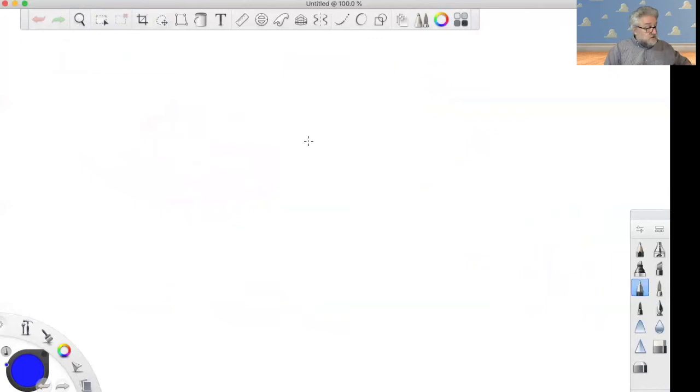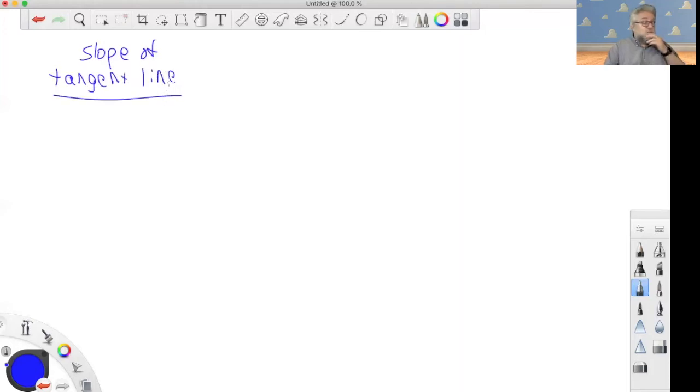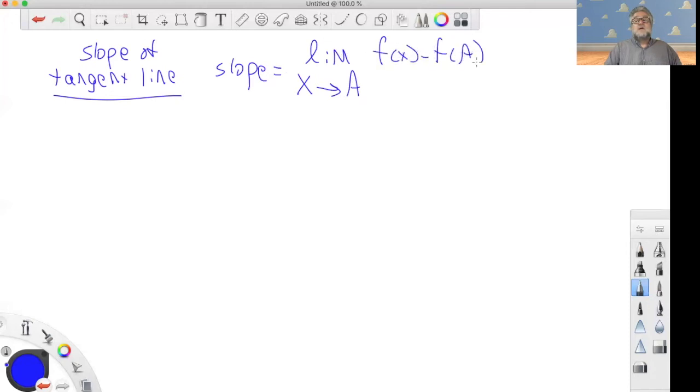So let's give a definitional formula. Slope of tangent line. Okay, slope of the tangent line equals the limit as your variable approaches some number of f of x minus f of a over x minus a.